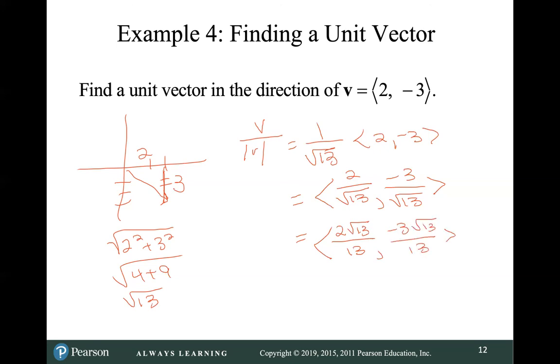That is the unit vector. We often write the unit vector with a U, but not all vectors that are called U are unit vectors. So just be careful, and if you're going to assume that it's a unit vector, make sure it says that it's a unit vector. What's special about it is that the magnitude of U equals 1. That's what makes it a unit vector.